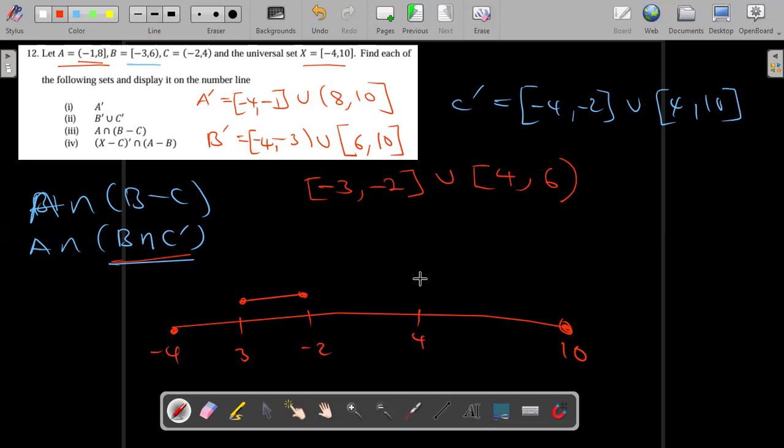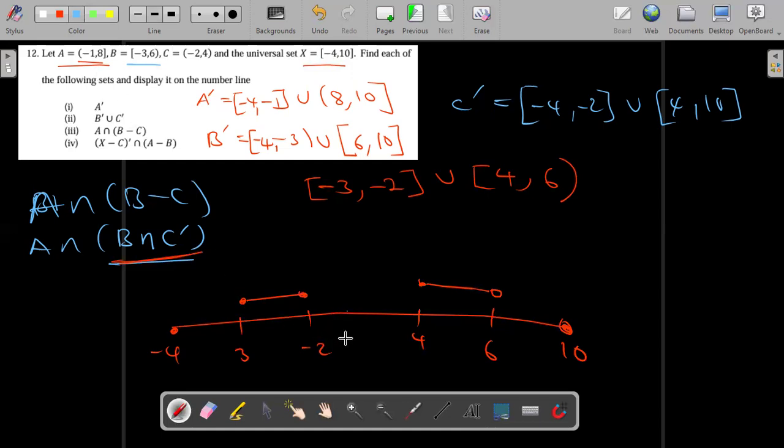So if 4 is here, closed here at 4, then all the way up to 6, and it's open at 6. So this is the B intersect C complement. Then I intersect it now with my A. So what is going to be my A? I write my A. My A is given in the question from negative 1.